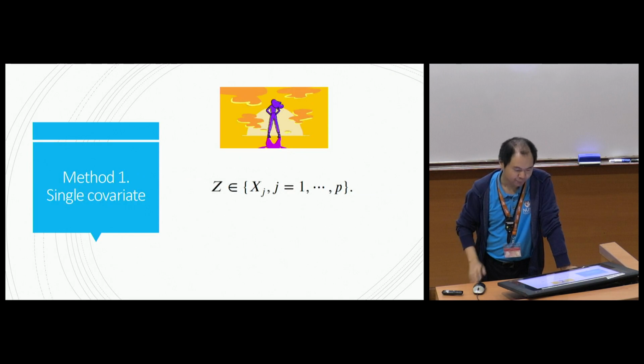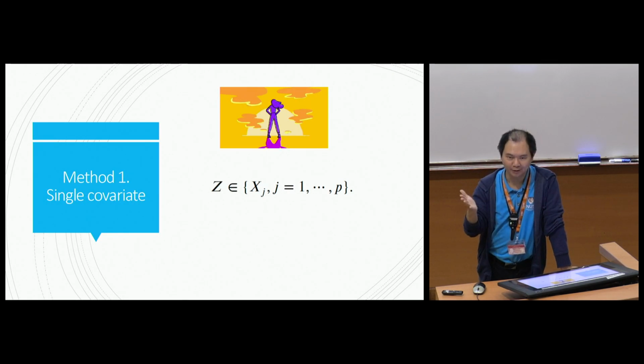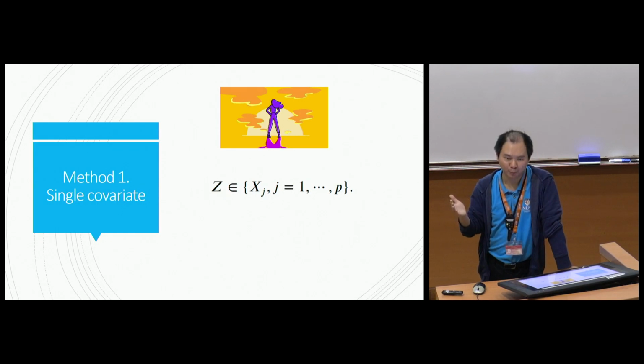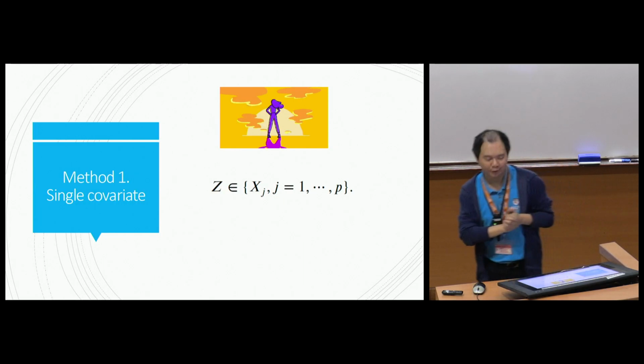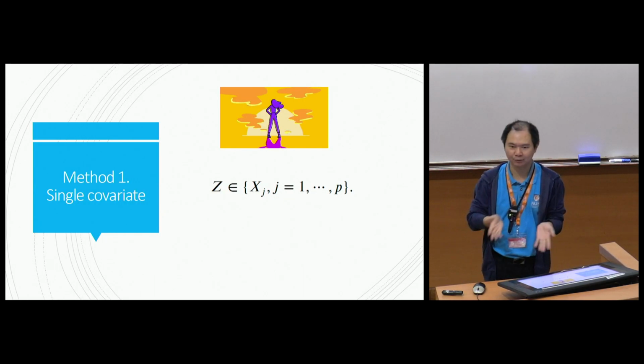The first approach is just to choose one of the covariates to be the thresholding variable. That's kind of like the regression tree methods. Regression tree method is also selecting one of the existing covariates to be the splitting variable. So you do this, and you can use some kind of optimality criteria and see which covariate can give you the best result.